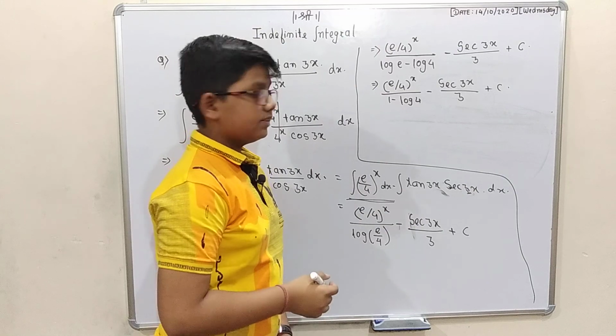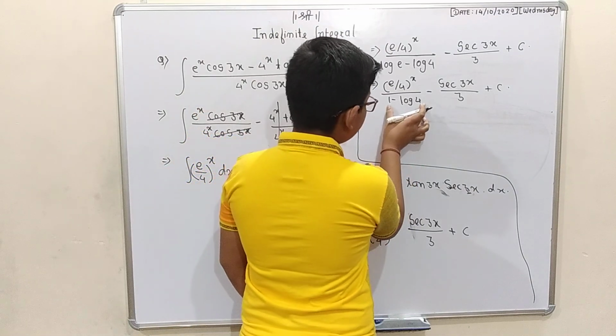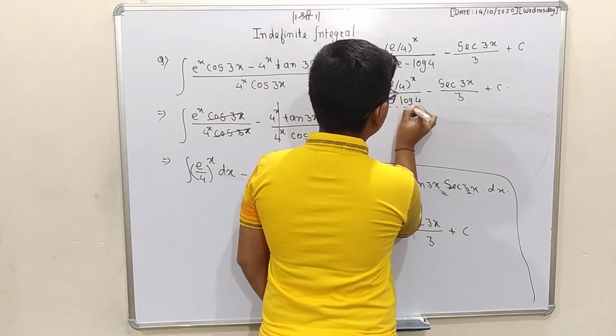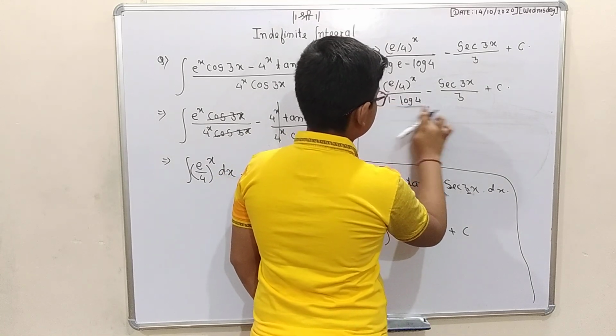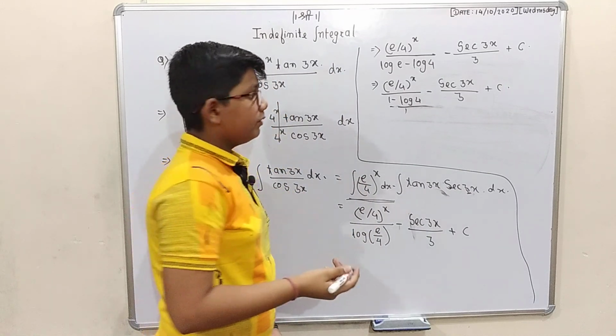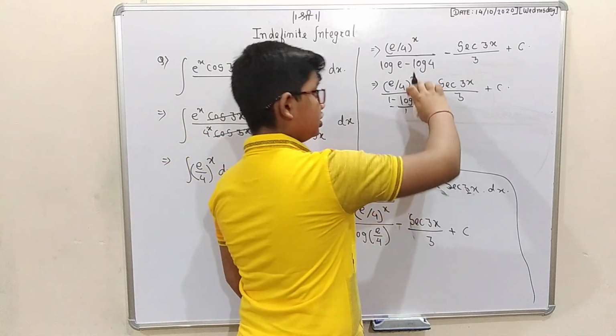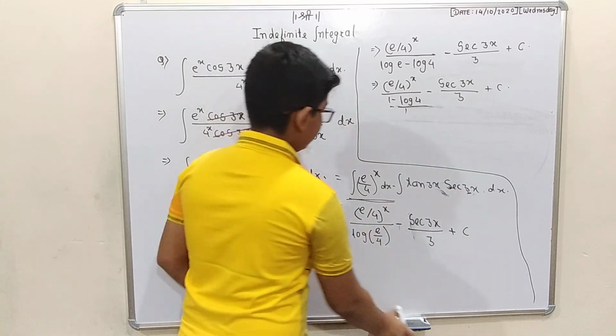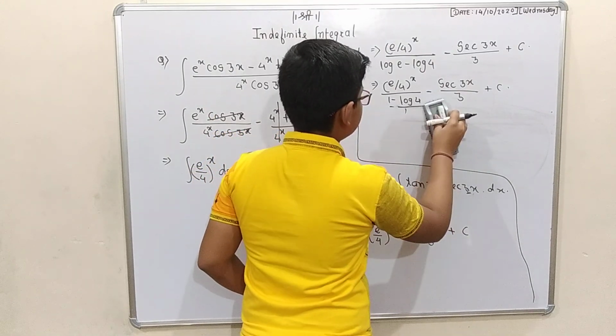We will get this. Now we will further simplify. Here 1 minus log of 4 is the denominator. So this is the numerator, and what will be its denominator? It will be 1. Now if we have to make this division into multiplication, we have to take the reciprocal of the denominator.